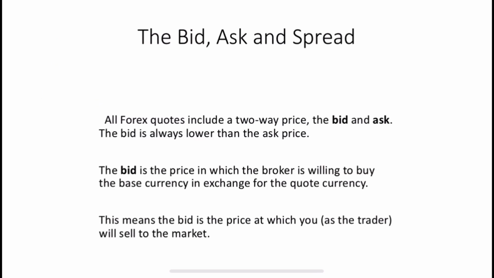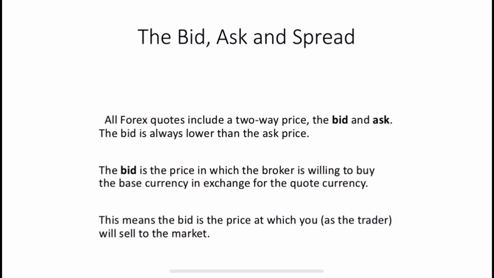So we come to bid ask spread. These are some confusing terms we have in forex, but they're very easy to understand. All forex quotes include a two-way price, the bid and the ask. The bid is always lower than the ask price. The bid is the price at which the broker is willing to buy the base currency in exchange for the quote currency.